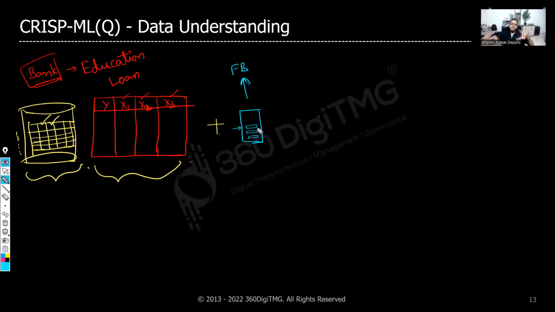And the moment they log in, there would be a pop-up window which would appear, which would say that, you know what, we are going to scrape some data from your account, such as number of friends you have, what kind of comments you are posting. We want to scrape that information.